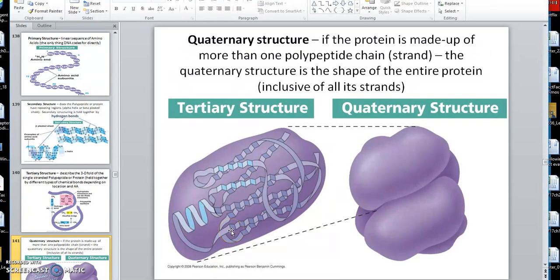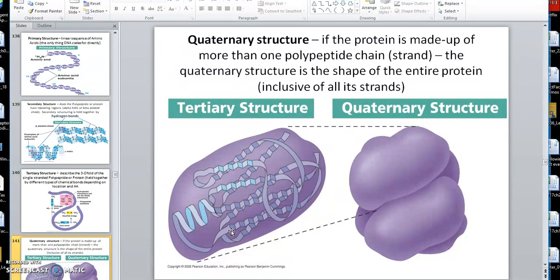The quaternary structuring is if the protein is made up of more than one polypeptide. Okay, let's talk about that. Insulin is made up of two polypeptides, an alpha and a beta, let's say. Hemoglobin in the red blood cell is made up of 4.